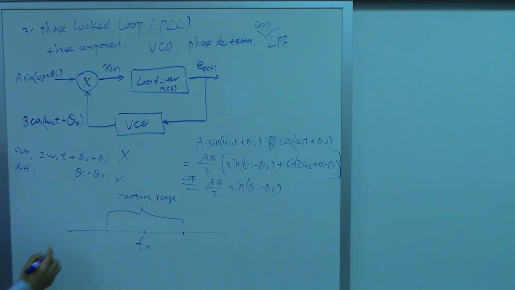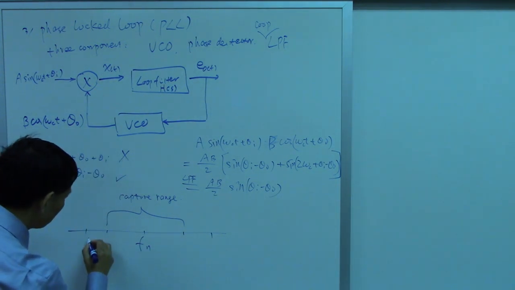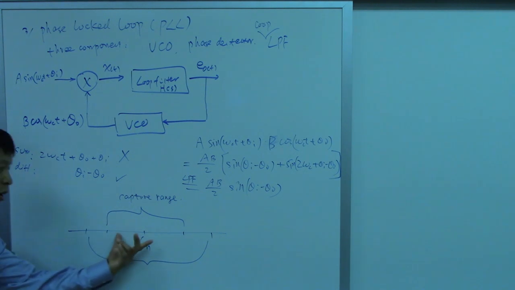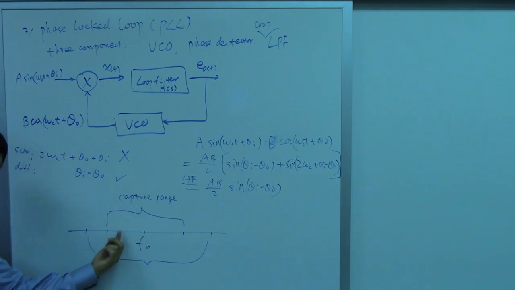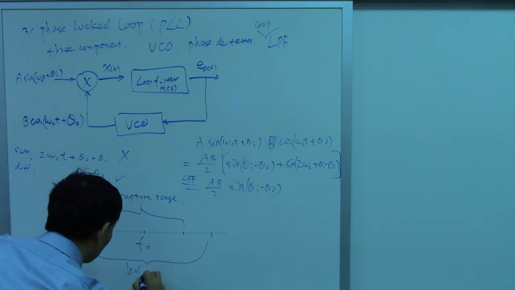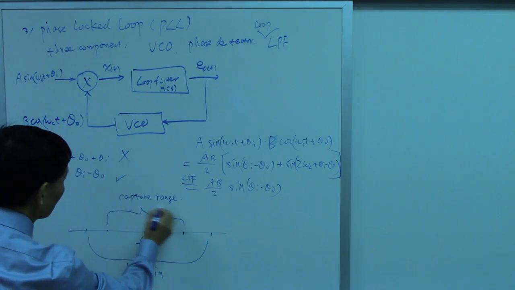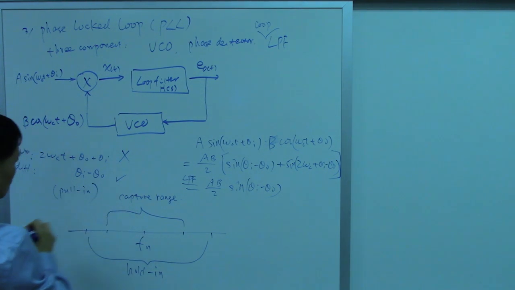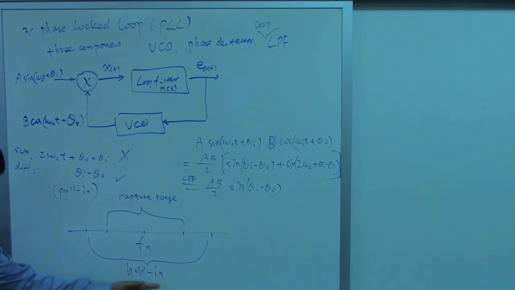Now this gives us a larger range, from this one to here. Once it is locked, it can deviate and give us a larger range, but we can still make it locked. This is called hold-in range. The capture range is also called pull-in range.